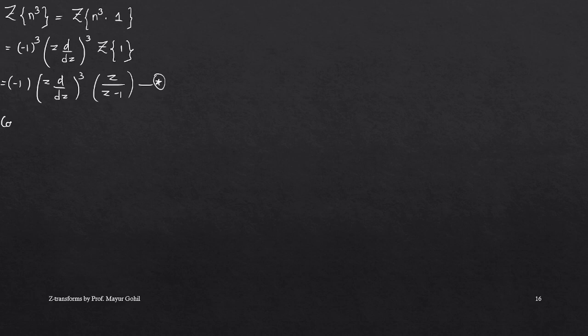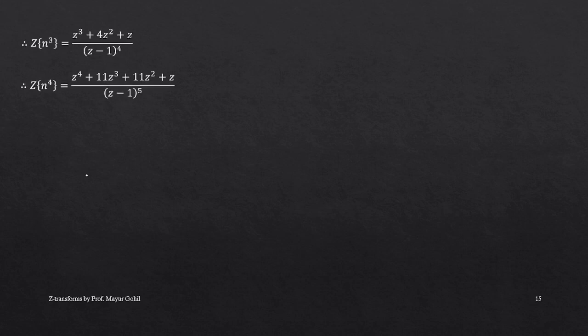So consider z d by dz whole cube. This is nothing but z d by dz operating over z d by dz whole square. Now we have just found the value for this operator.